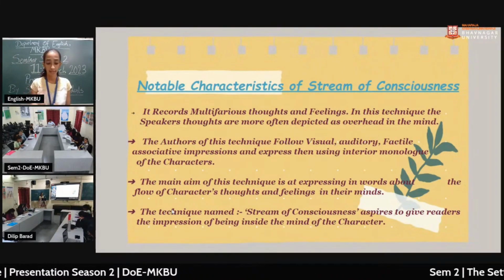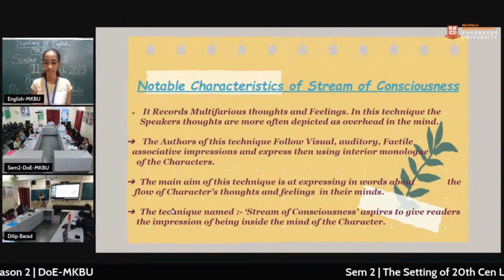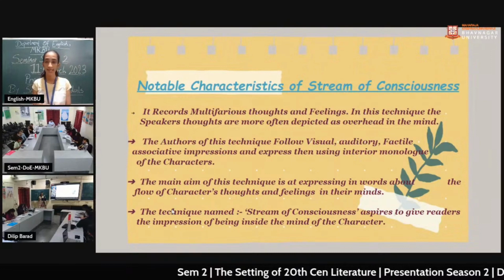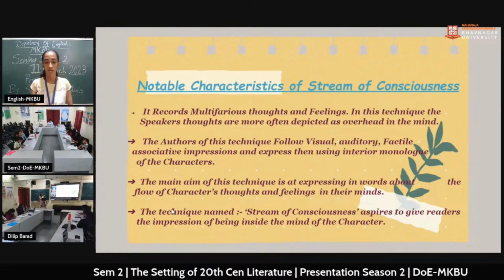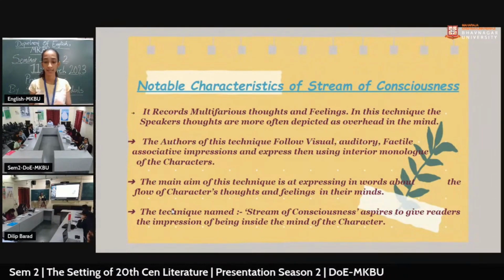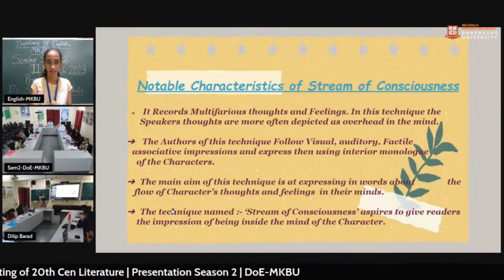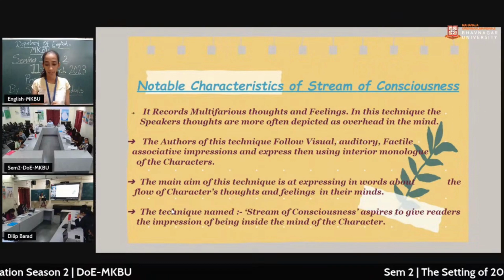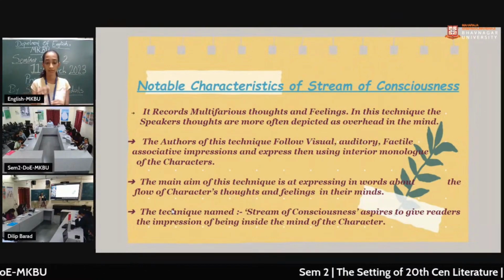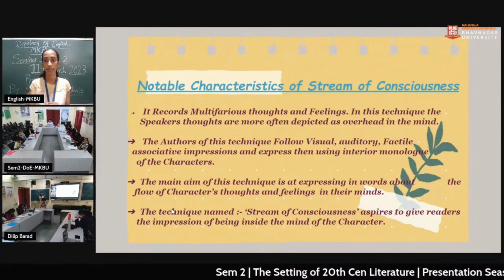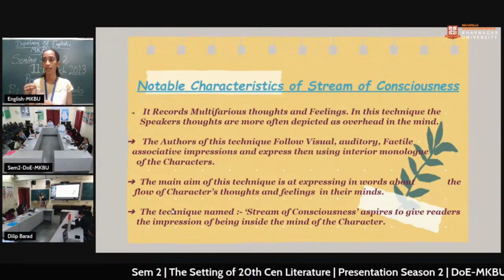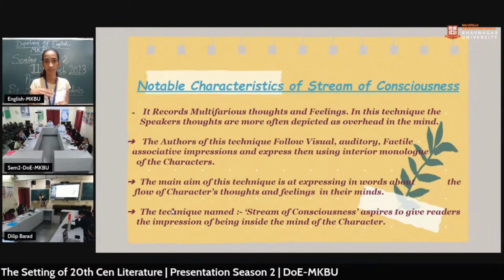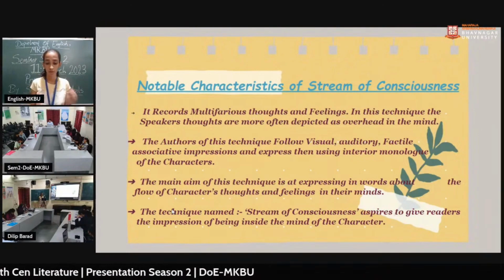The technique aspires to give readers the impression of being inside the mind of the characters. So, these are some major characteristics of this new literary technique, which helps readers to be inside the mind of the characters. Through this technique, we can understand the character and his thoughts or ideas.